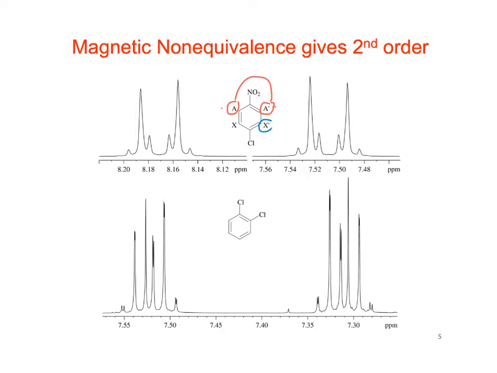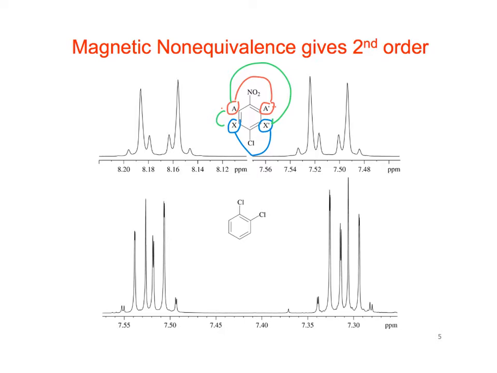X and X prime, they use an A and an X because they're pretty far apart in chemical shift. These are chemical shift equivalent. But the coupling between A and X is different from the coupling between A and X prime, right? And likewise around the ring. And it starts to cause these effects.